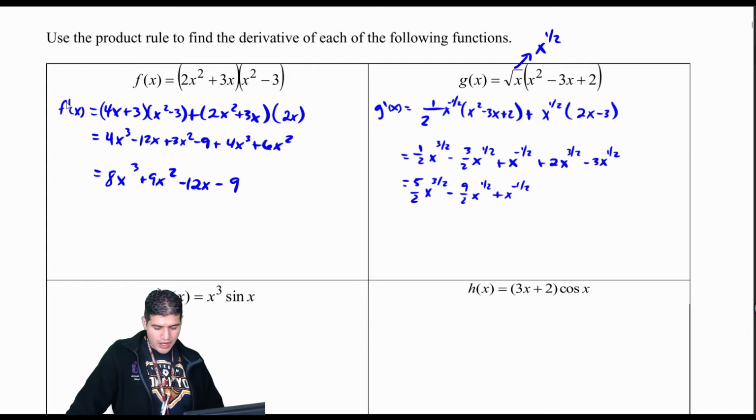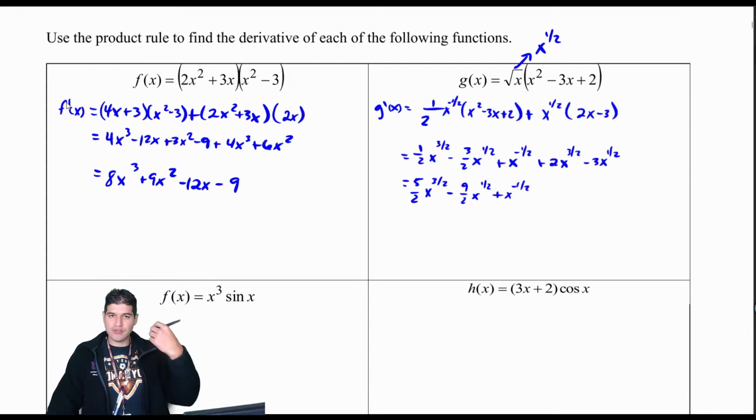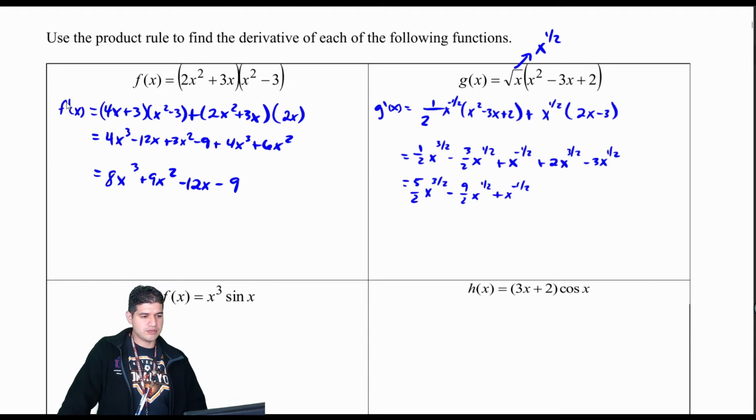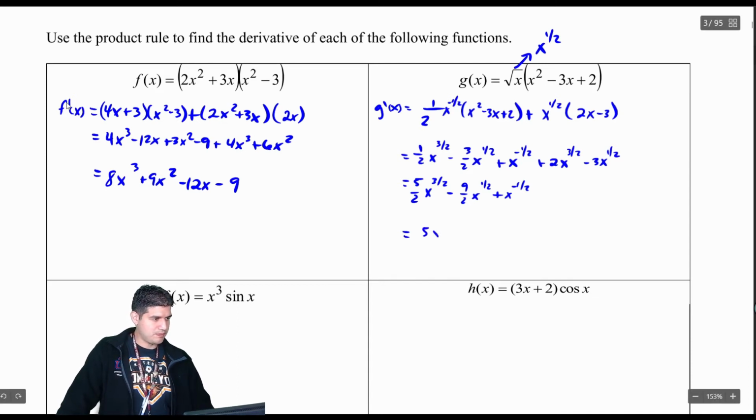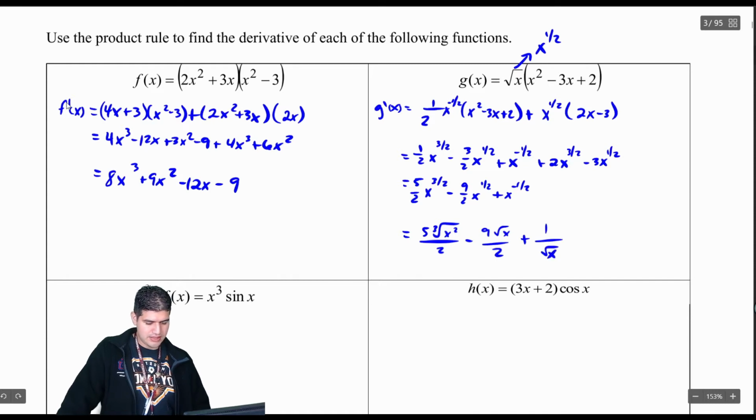All right, and let's write everything back out in radical form because I started with the radical. So 5 times the cube root of x squared, all over 2, minus 9 times the square root of x over 2, plus 1 over the square root of x.